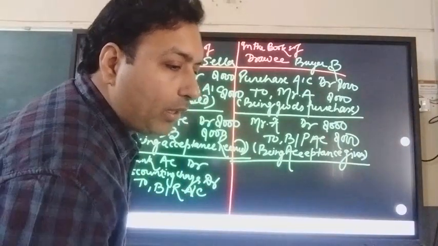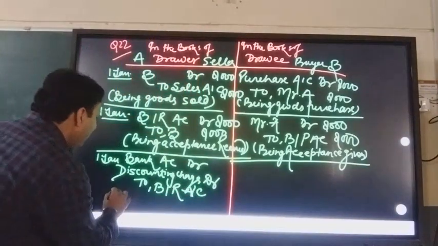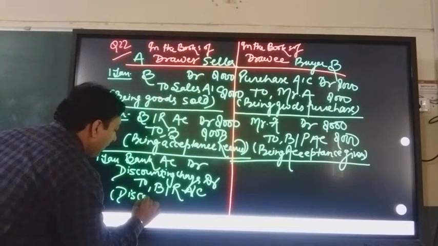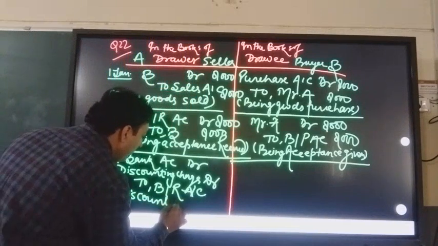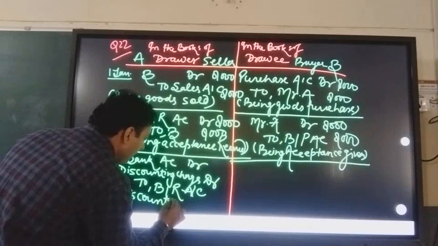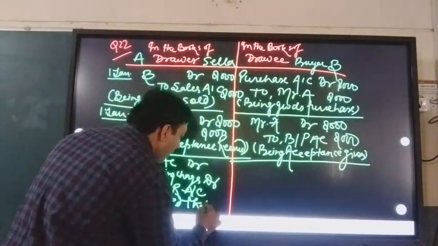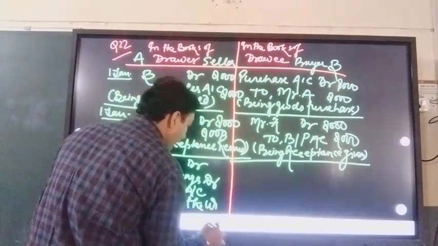So write the narration: being bill discounted from the bank.